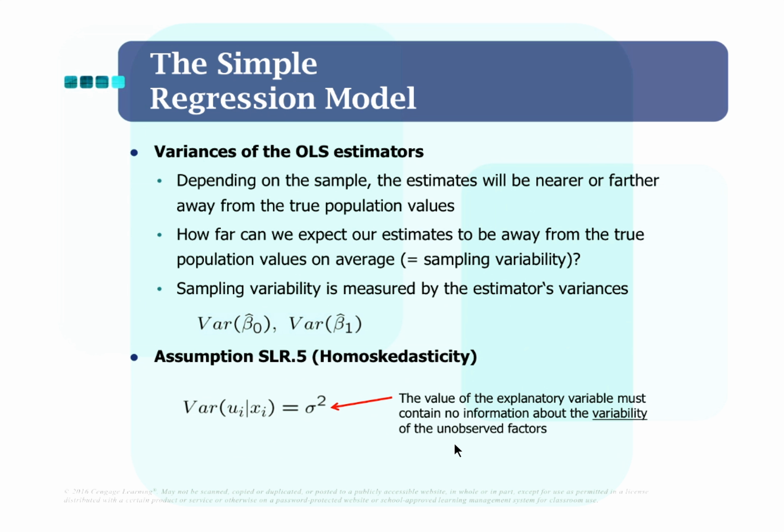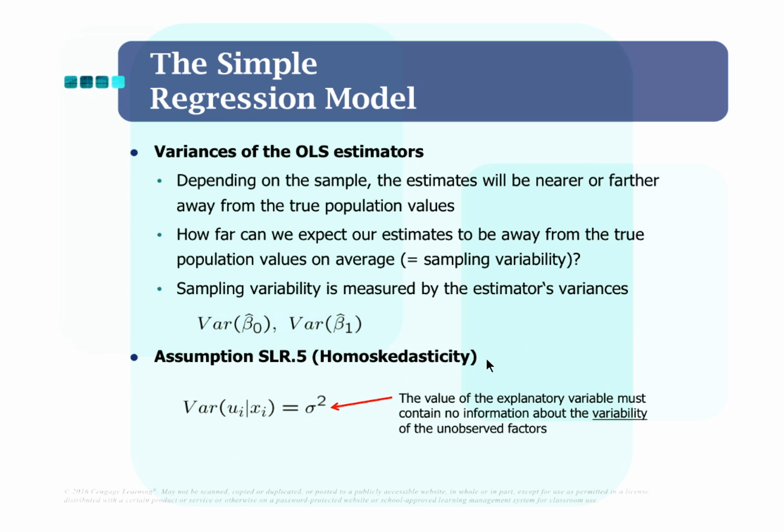So here we need an additional assumption, SLR5, which is called homoscedasticity. Homo means the same, right? Scedasticity refers to the variance.